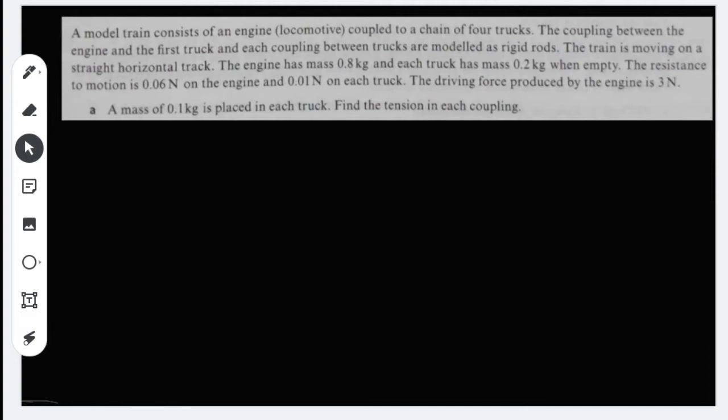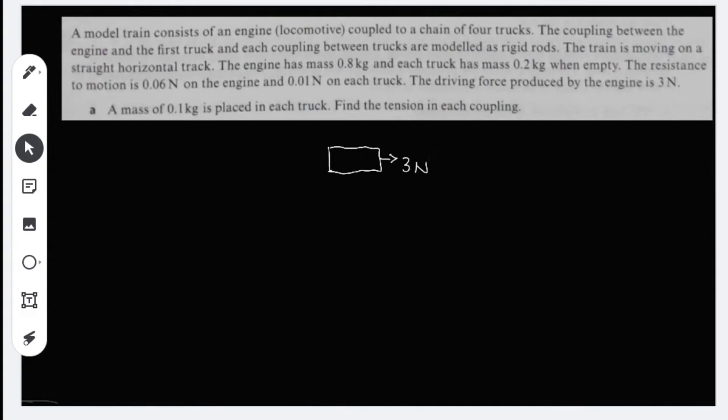Okay, so let's start with the engine. So our engine will look like this. So suppose this is our engine. Based on the given problem, the driving force is 3 Newton. So we have the driving force, which is 3 Newton.